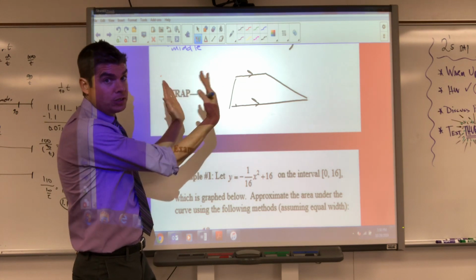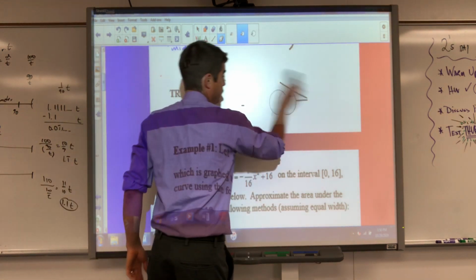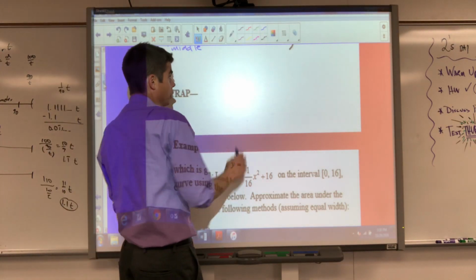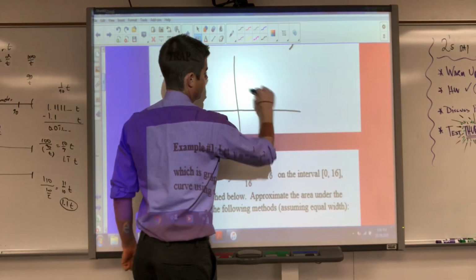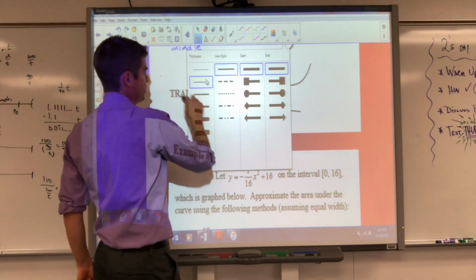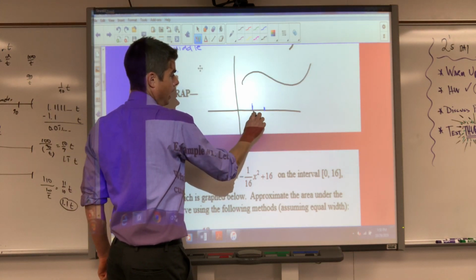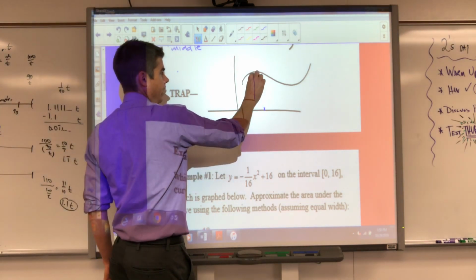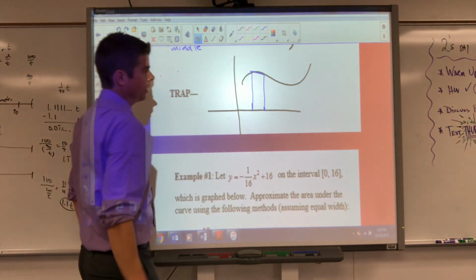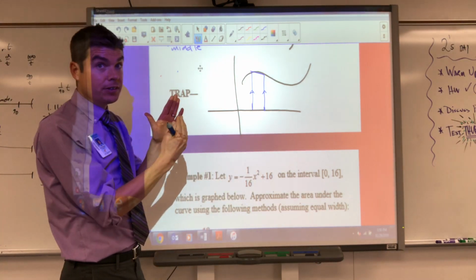Take that trapezoid and turn it sideways, and you're going to start inscribing a whole bunch of trapezoids underneath your particular curve. So if this is my graph, just some arbitrary function, and I want to construct trapezoids, let's say this is the interval and this is the interval, I would actually go up, touch the graph, go up, touch the graph, and then make a line. So again, these sides are parallel.